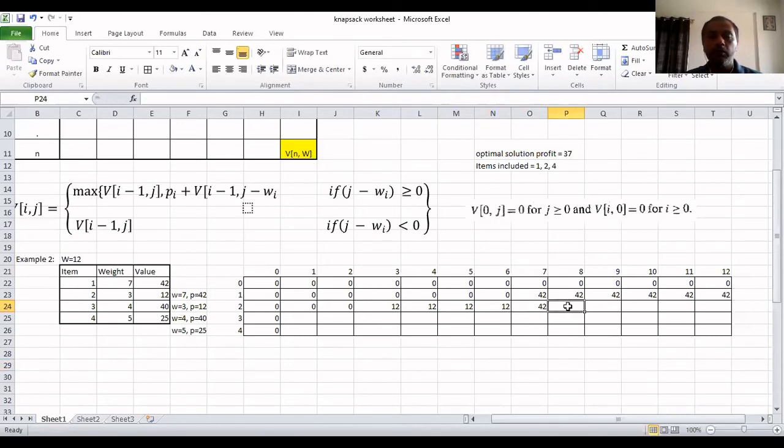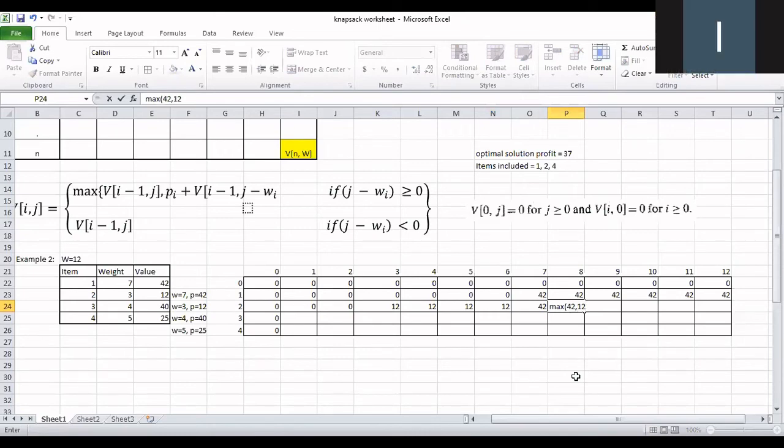How about the next one? 54. Now for this, it's a max of the previous profit, that is 12, and the current item's profit 12 plus V of I minus 1, J minus WI. So the previous row, 8 minus 3 is 5.